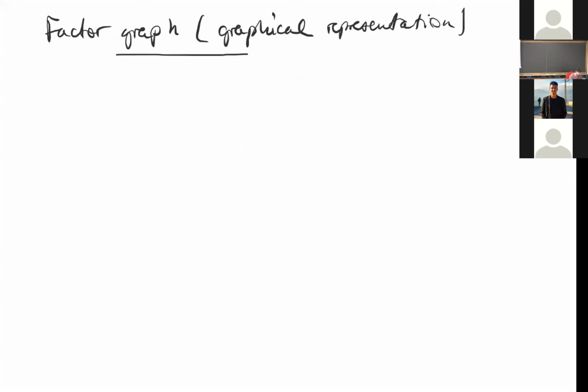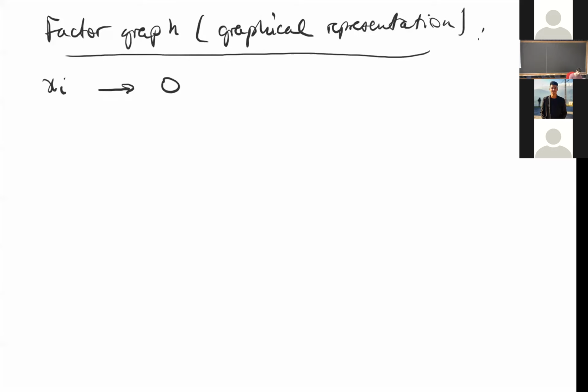One factor graph could be, so the recipe is very easy. For each variable, each x_i, you associate a node.